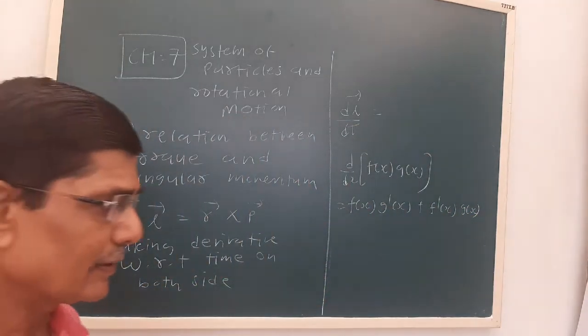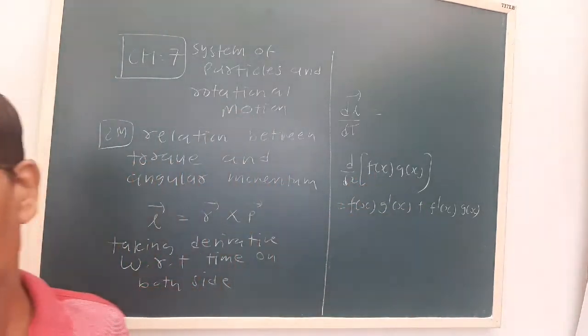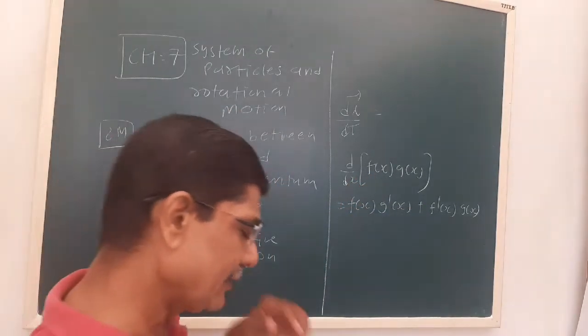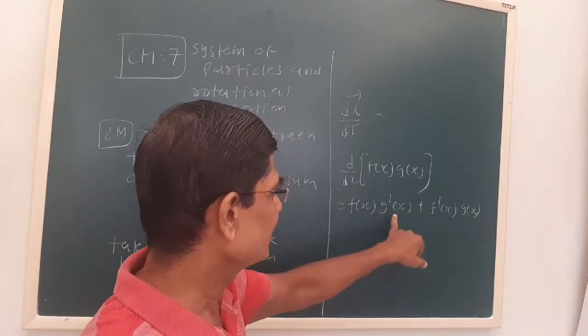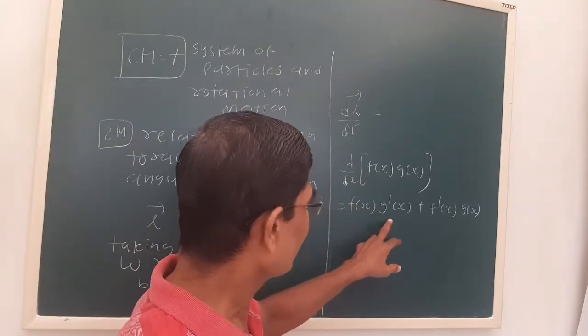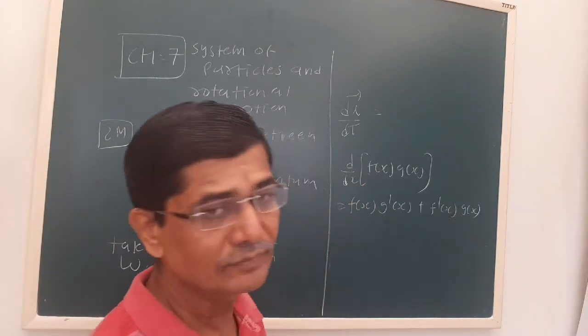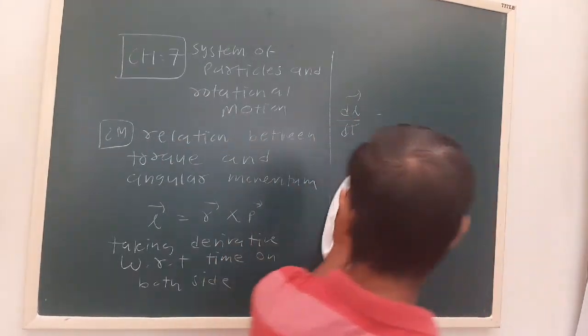Those who study mathematics will know this very well. So whenever there are two functions in multiplication and we have to take the derivative, the derivative of f(x) is f dash x and of g(x) is g dash x. The same thing we are going to use here.